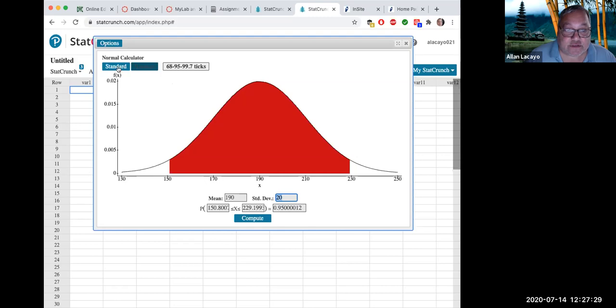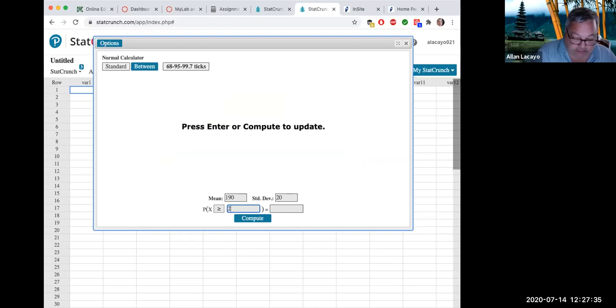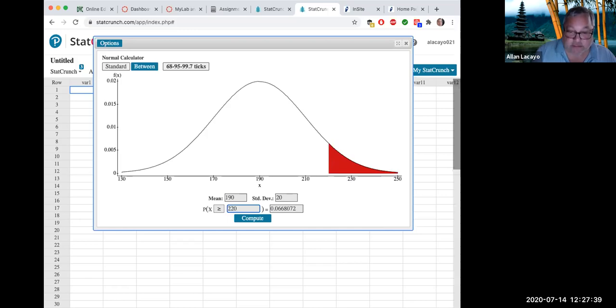So you can use the between mode, you can use the standard mode, you can say what's the probability that people will have cholesterol readings exceeding 220, because maybe higher than 220 could put you at risk of a heart attack. And so when people take a blood test and find cholesterol levels higher than 220, that's going to happen with about 6 or 7% probability.